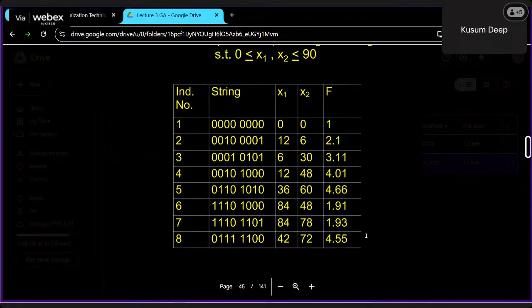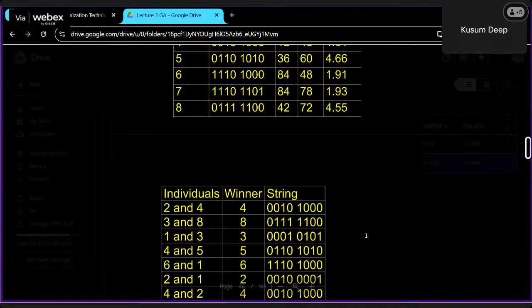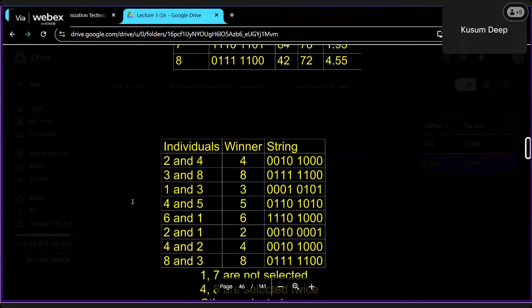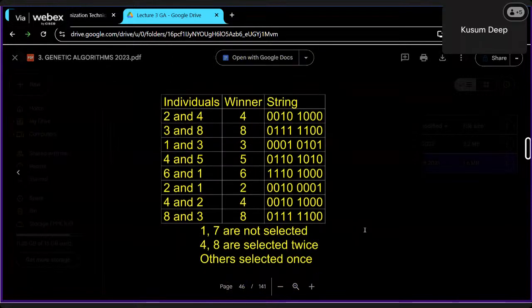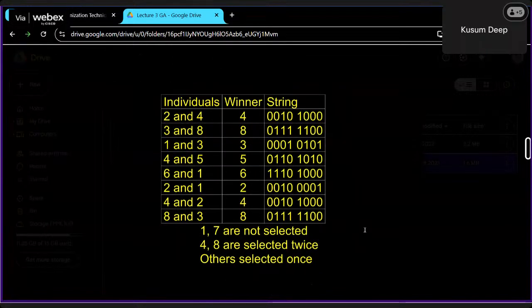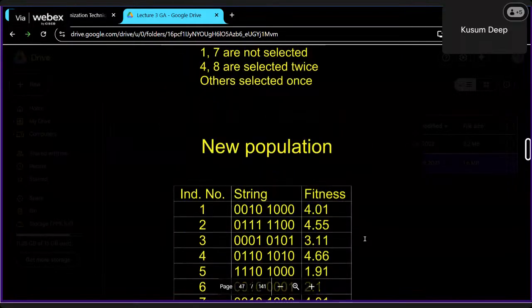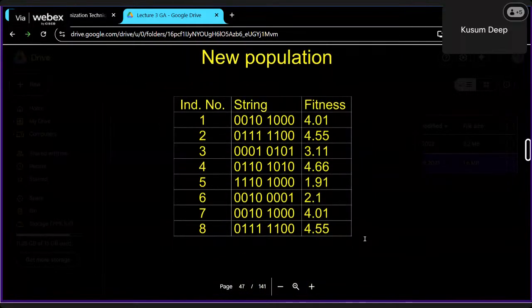Like this, with the help of an example, I showed that if you play a tournament between the ith and jth chromosome, then the winner is that individual which has a higher fitness. And it is observed that the individuals which do not have high fitness are likely to die. And that is how the resulting population looks like.